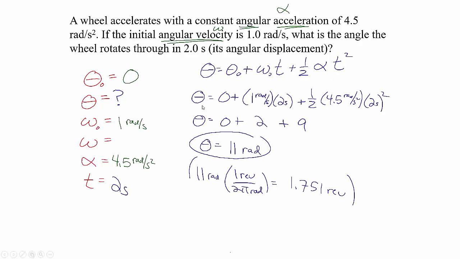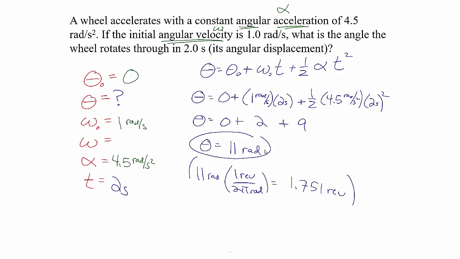Substituting in, we have that the angular position equals 0 plus omega sub 0 t, 1 radian per second times 2 seconds, plus 1/2 times the angular acceleration, 4.5 radians per second squared, times the time, 2 seconds squared. And so the angle that it has turned through is 2 plus 9, or 11 radians.